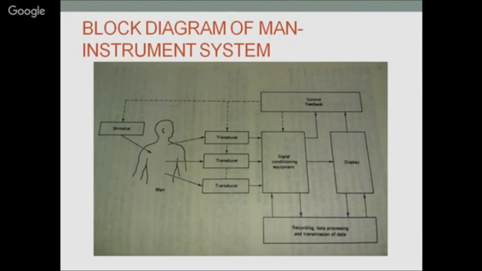Pre-processing circuit means, like millivolt or microvolt, we will convert that signal into volts. Our target will be to take this millivolt signal to some volts, like 0.5 volt, 0.7 volt.